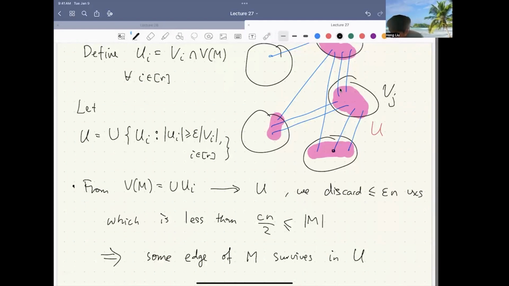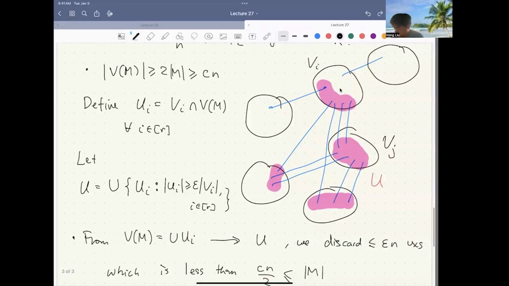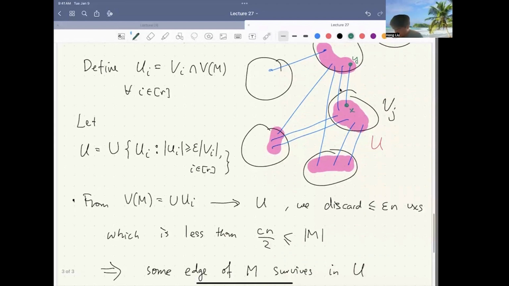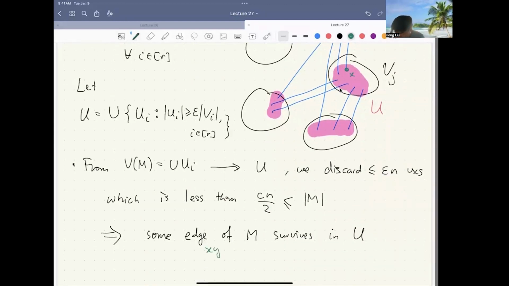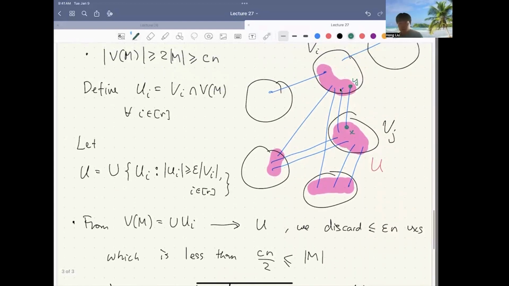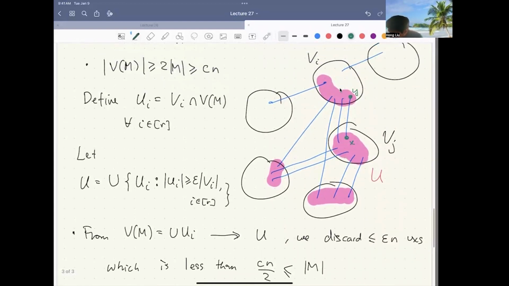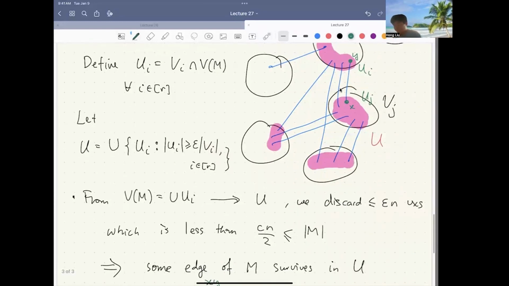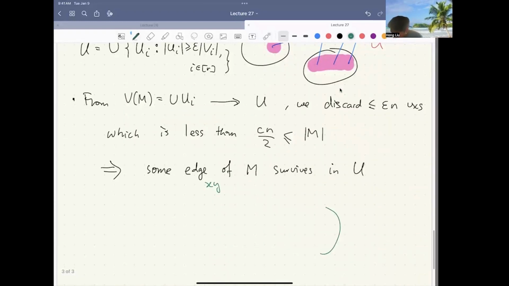So let's say this is our edge that survived in U, say xy. Some edge xy of M survives in U. So what is this pink part? This is U_j, and this is U_i. So let's look at U_i, U_j.